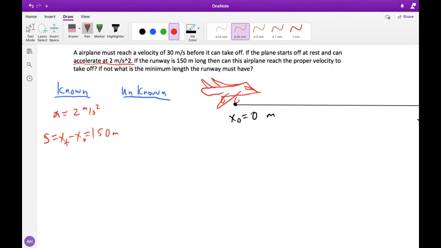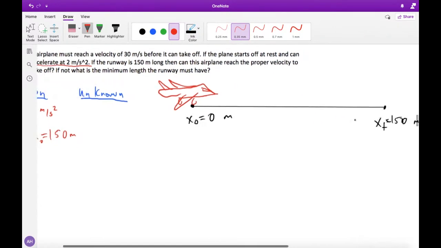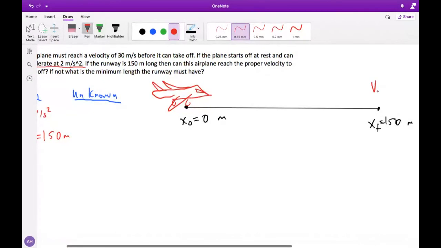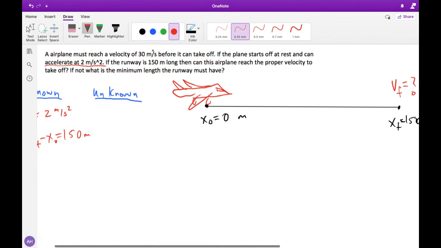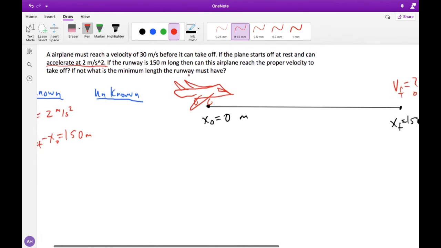And so this first question asks us, can this plane reach the proper velocity to take off? Basically we want to know if the final velocity over here is going to be at least 30 meters per second, so this plane could take off.